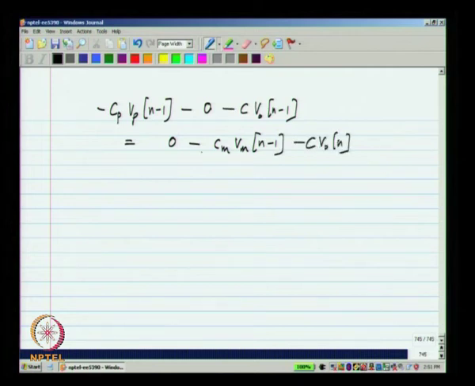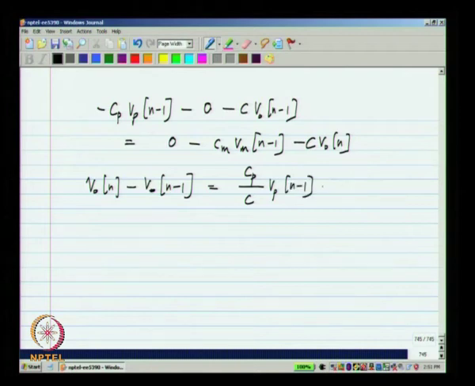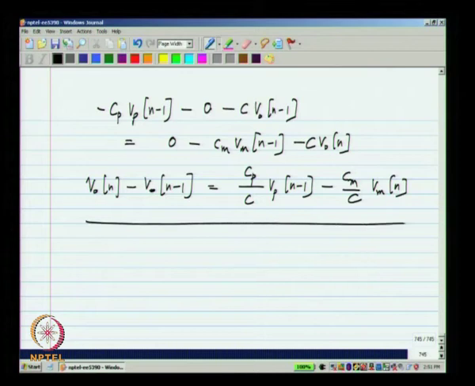Okay. And this gives you the result that V of n minus V of n minus 1 equals Cp by C Vp of n minus 1 minus Cm by C Vm of n. Okay. So, you get simply the combination of the delayed non inverting integration and the delay free inverting integration.